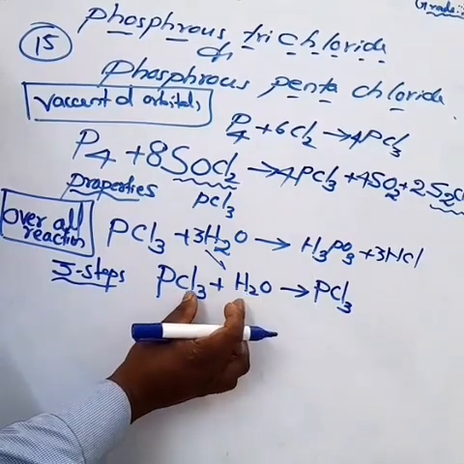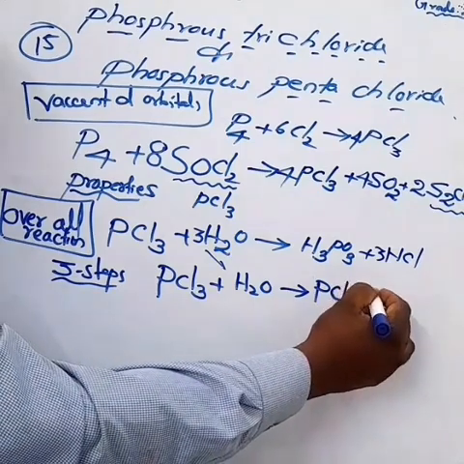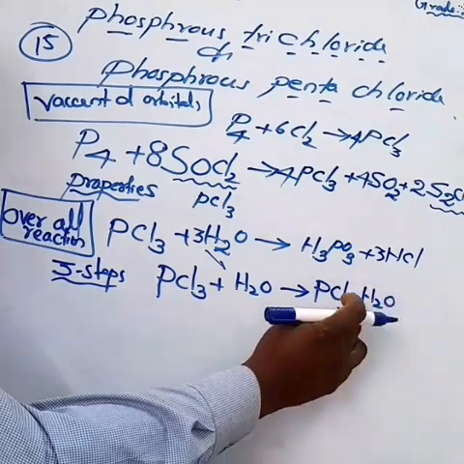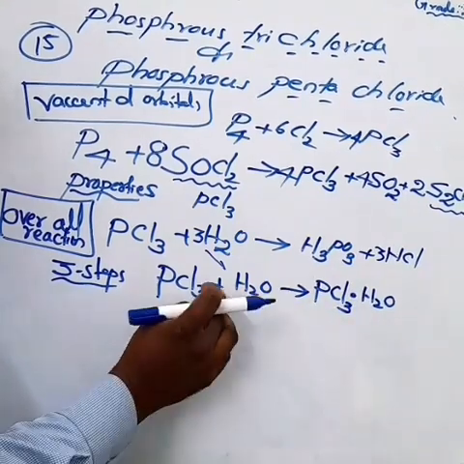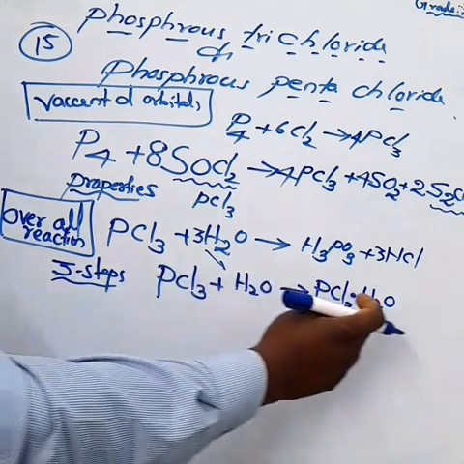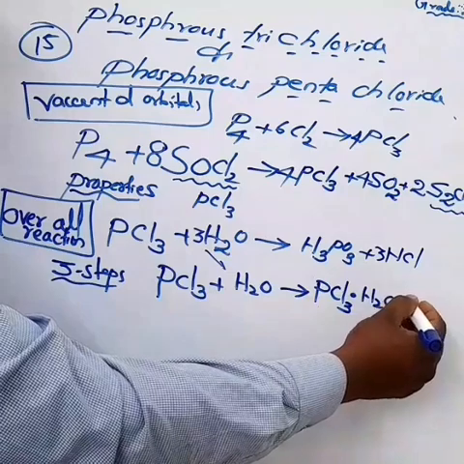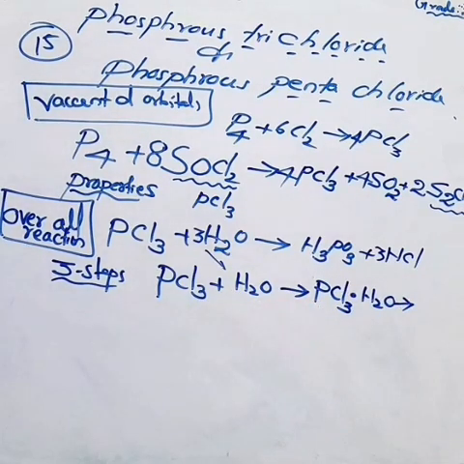So the phosphorus trichloride has one water molecule. When we write the equation, make the plus a dot. So it can be written as PCl3·H2O. That is the hydrated product of water with phosphorus trichloride.